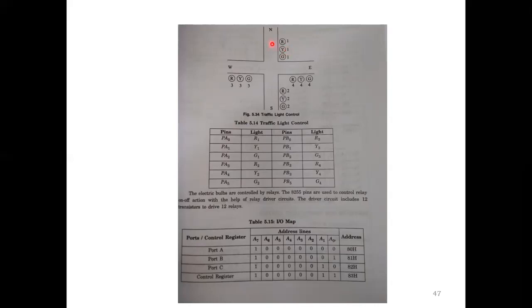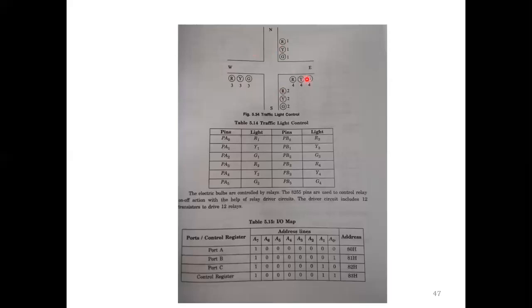For example, for movement of vehicles between east and west, you need to glow the green signals G3 and G4 and enable R1 and R2. First produce R1 and R2 as glowing, while east and west will be green, G3 and G4. Next, after a particular time period, we need to glow the yellow lights, Y1, Y2, Y3 and Y4.